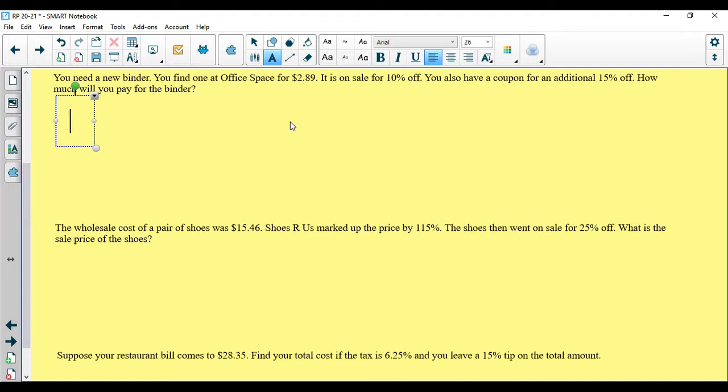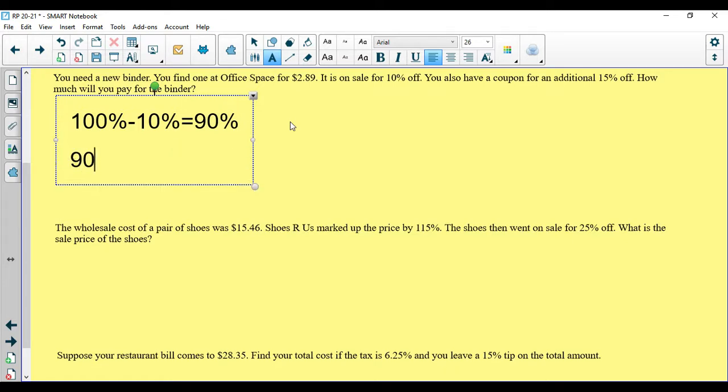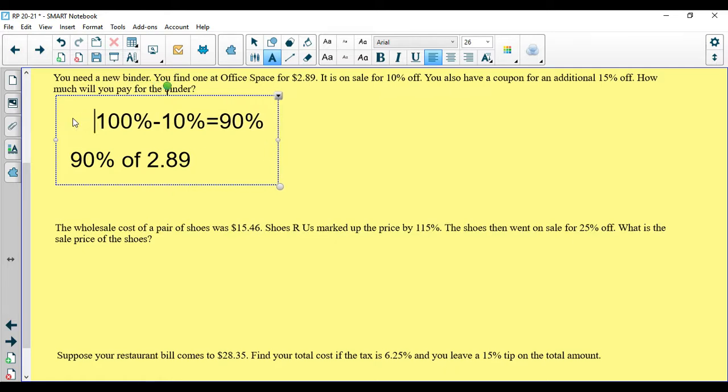Again, don't be tempted just to lump the 10% and the 15% together. These are two separate calculations. So first, I have 10% off. Well, I take 100% of the cost of the binder, and I take 10% away. That leaves me with 90% of the cost. So I know I'm paying initially 90% of $2.89. But then I have an additional 15% off.